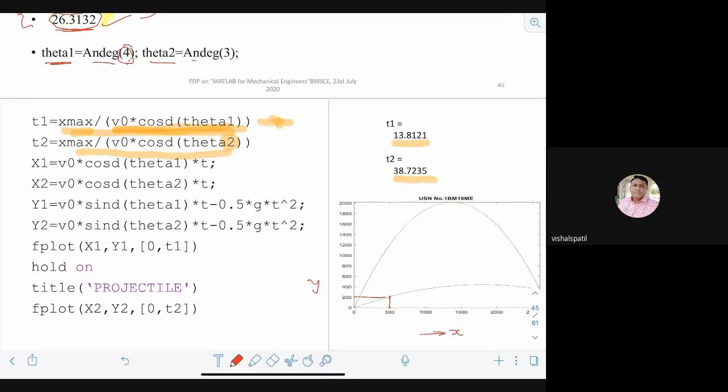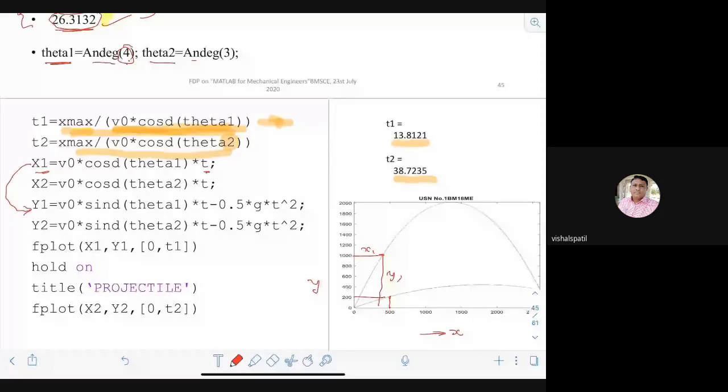But as a function of time, at any time t, the distance covered is x1 and the corresponding vertical height is y1 of the projectile. So this distance is x1, and this is y1. Like that, various points can be obtained in terms of t.